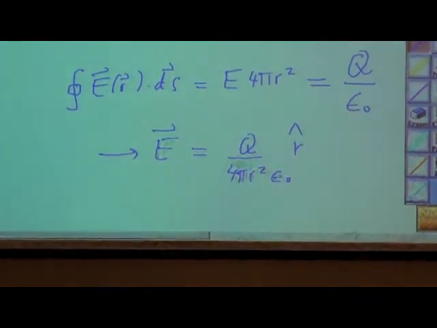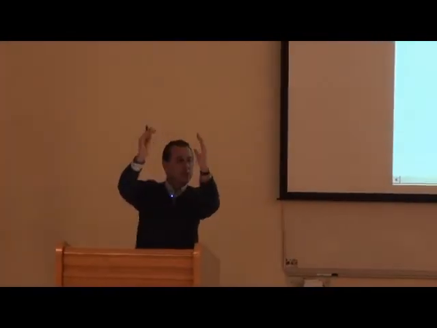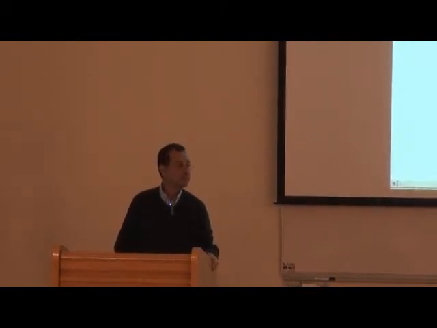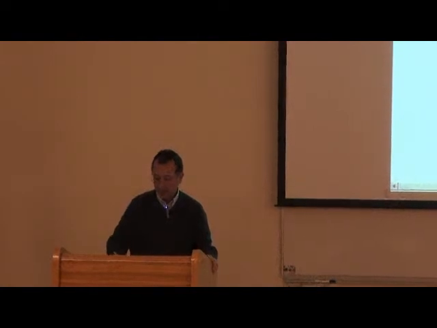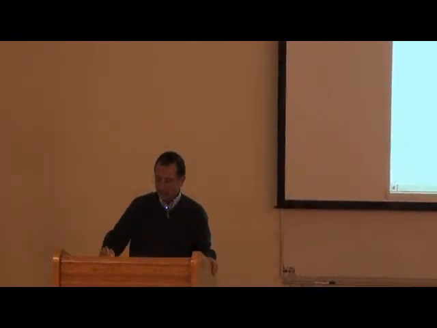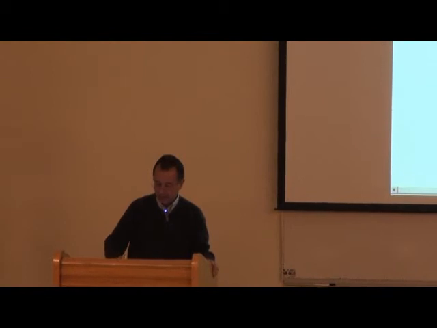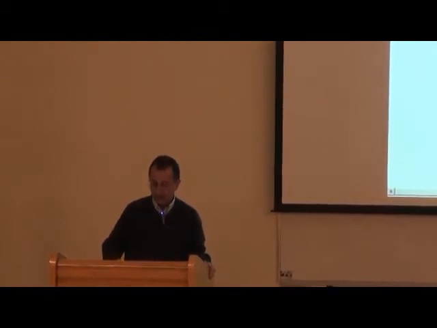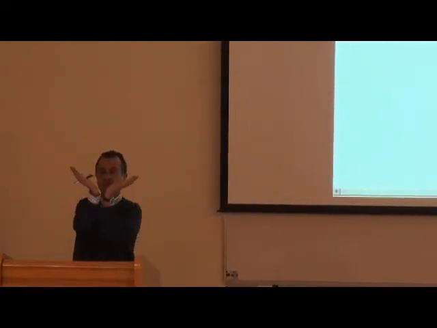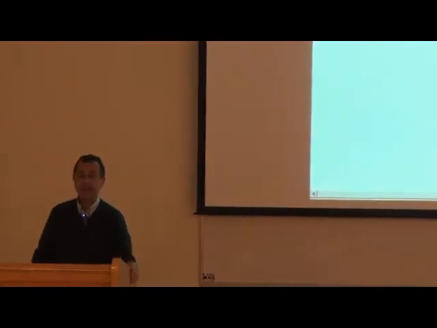So I found that in a conducting sphere, the electric field anywhere inside the ball is 0, anywhere outside the ball is this. And I noticed that this contains the total charge, which is concentrated on the surface, divided by the area of the surface.